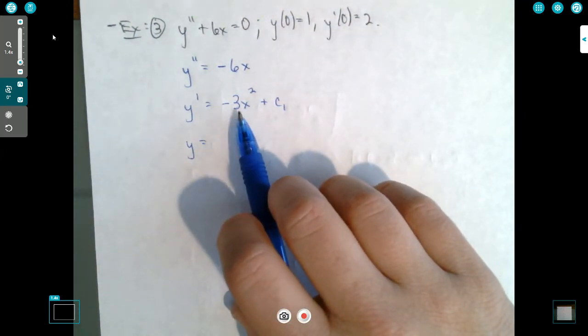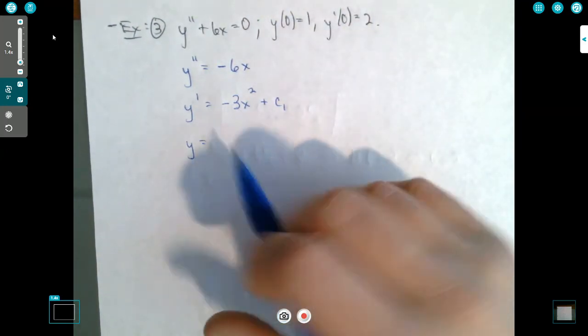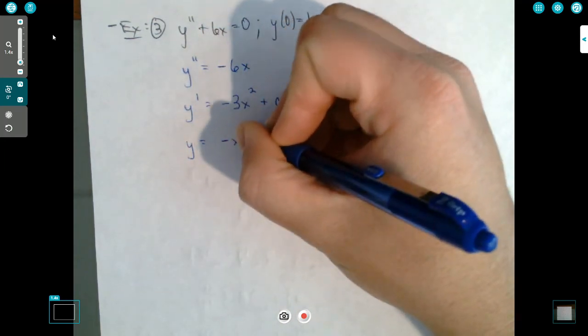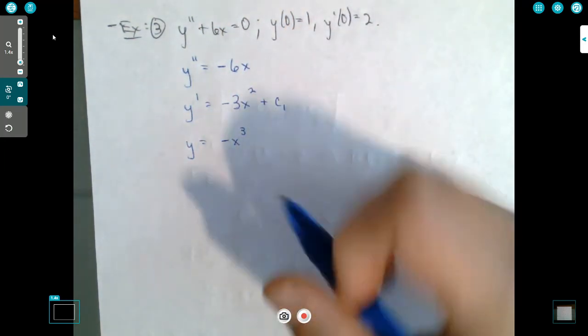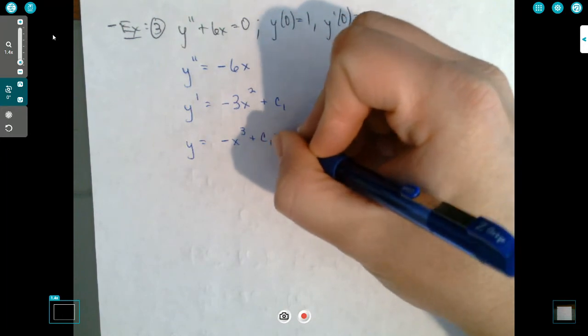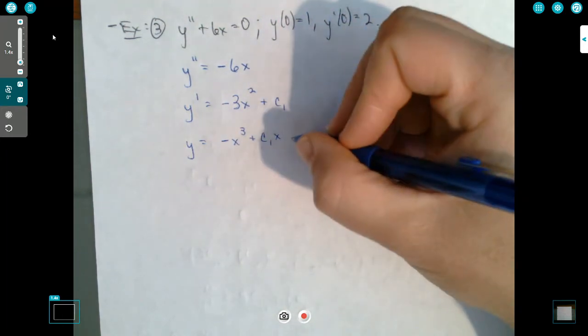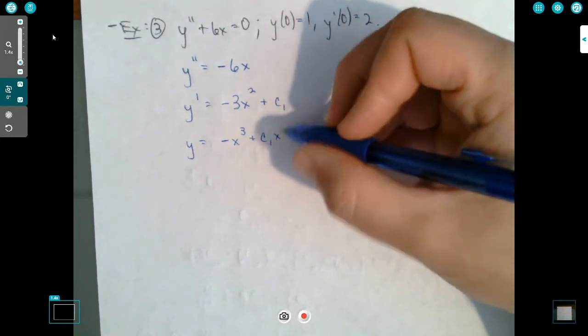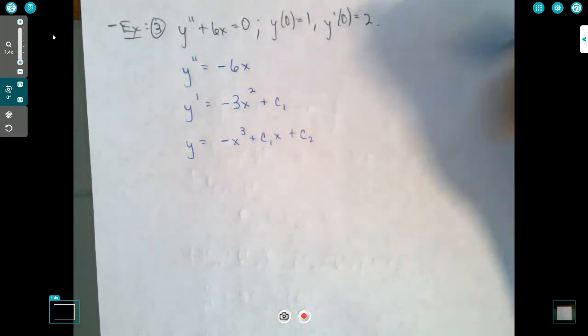Well, I think y would be negative x cubed. Here we'd have a c1x. And then, again, getting from here to here, it's possible that we dropped a second constant, right?